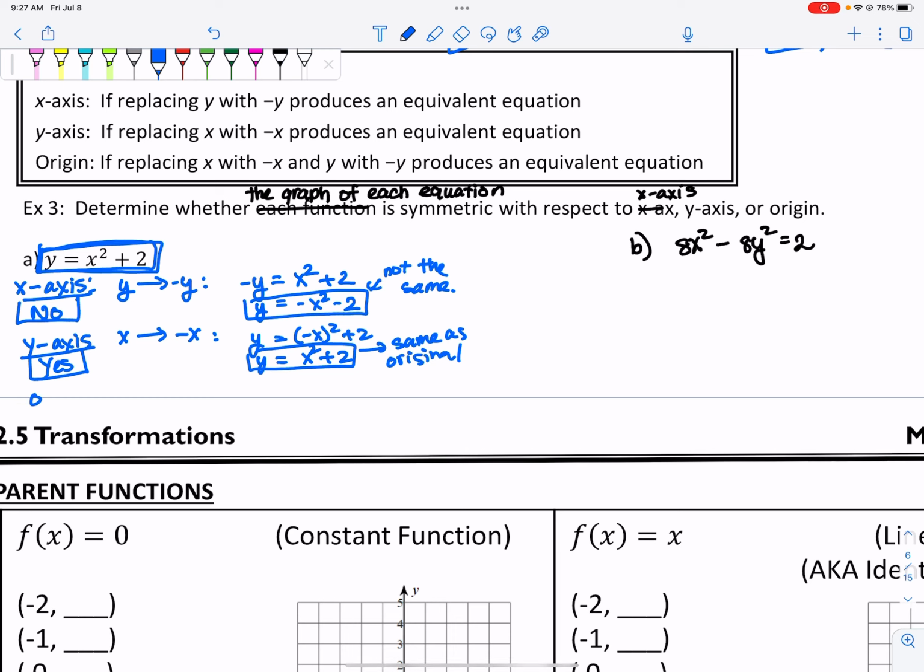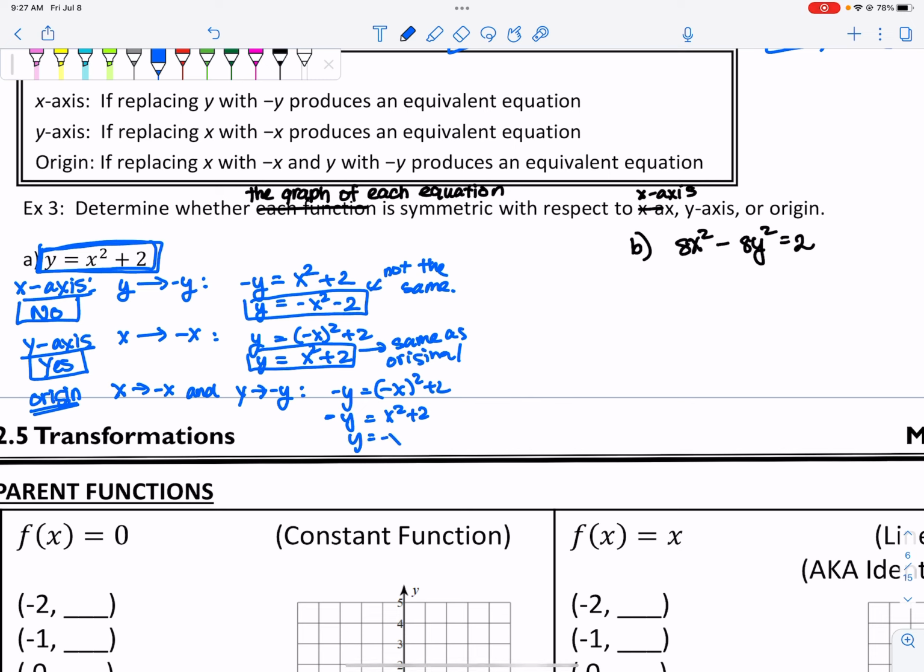Now we test for the origin. What we do is we replace the x with a negative x and the y with a negative y. So negative y equals negative x in parentheses squared plus 2. Simplify this: negative y equals a positive x squared plus 2, and then divide both sides by negative 1.